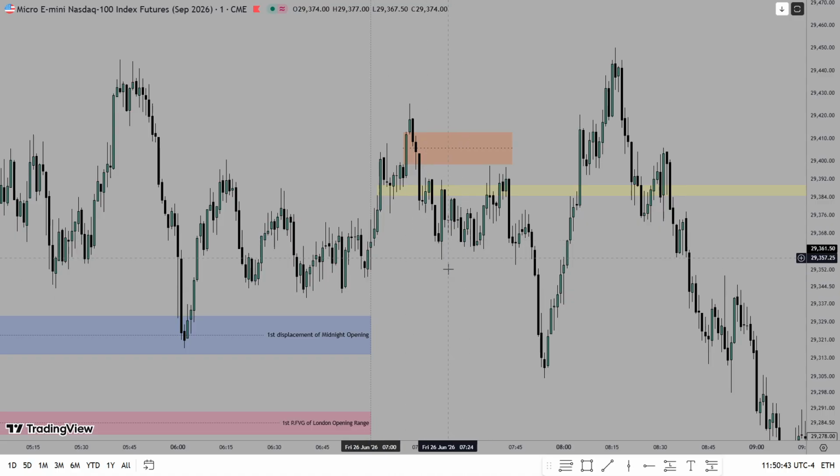This is the pre-market, and I use this FVG as my first presentation of fair value gap because it takes out the short-term high and it worked algorithmically. You can see the reactions of it.